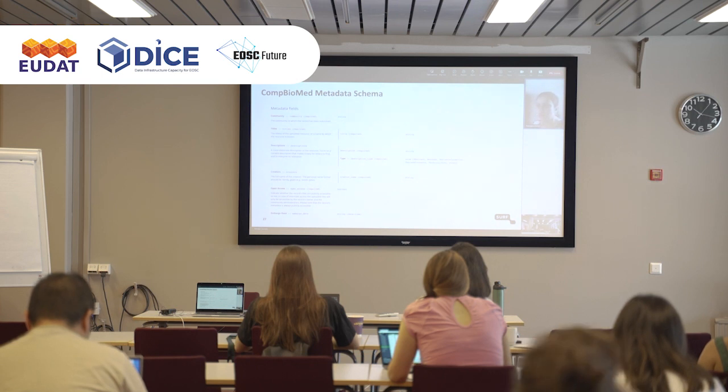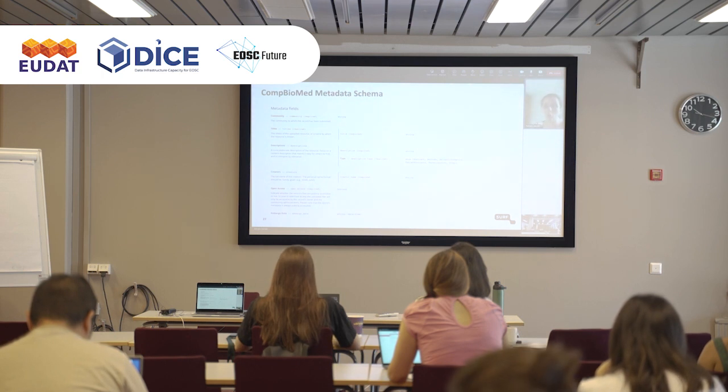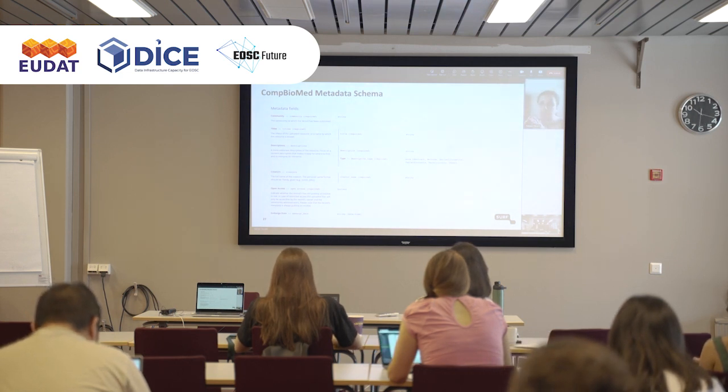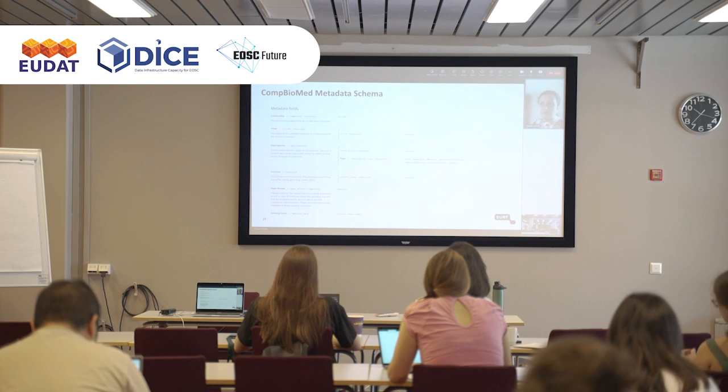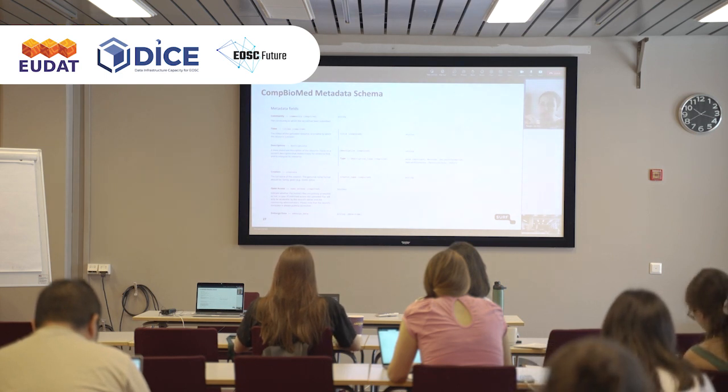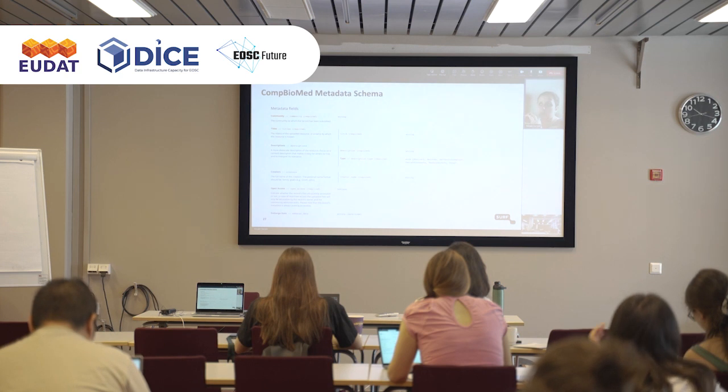And well, maybe interesting for you to know, it mainly comes down to fields related to computational methods, simulations and codes, because Combiomed is doing research in a very wide range of fields, and it was really a challenge to come up with a metadata schema that makes sense for all these research fields, like certain variables, demographic information, etc. But I think they all have a common ground when it comes to computational methods for publishing the data.